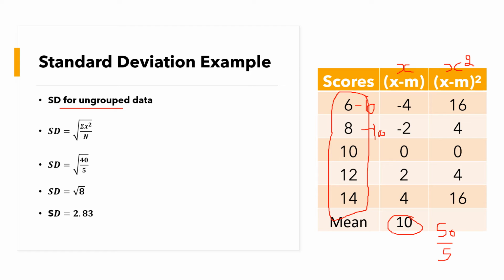So now our standard deviation is 2.83 for our ungrouped data. This is the entire process of calculating standard deviation for ungrouped data.